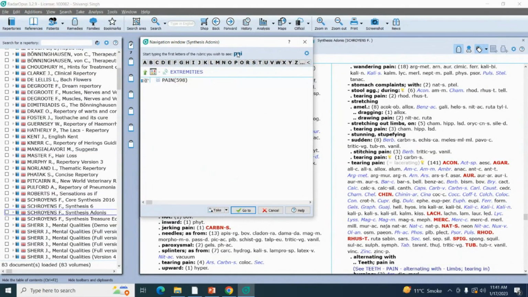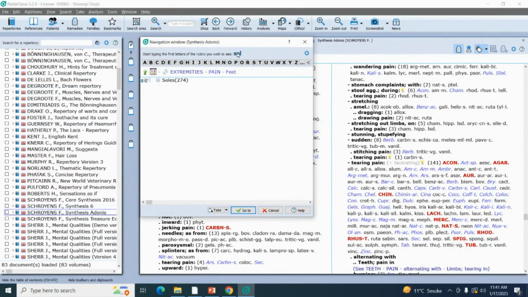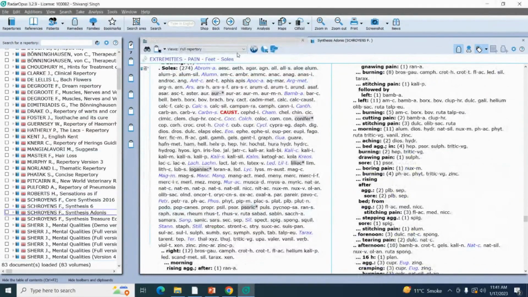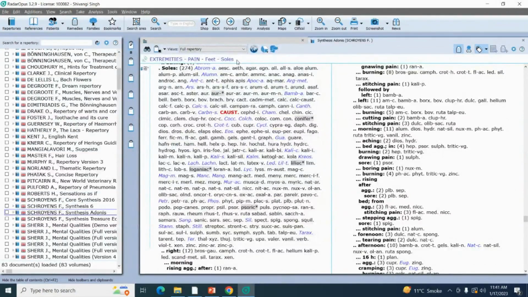Pain, feet, soles. I'm going to add this rubric that is from the extremities chapter. Pain is my rubric, feet and soles are my sub rubric. Now I'm going to add this rubric with the help of my first method, that is dragging and dropping. You can drag it and drop it.